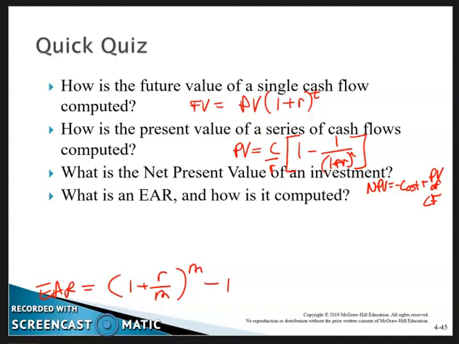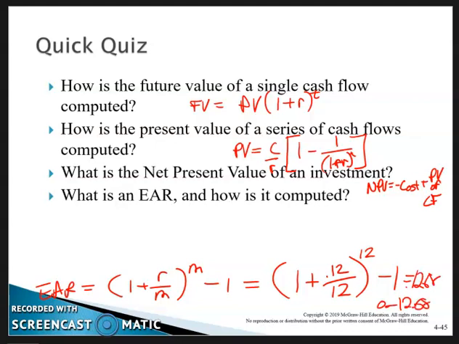We did 12%, compounded monthly. So that would be 1.01 to the 12th power minus 1. I believe that is 0.1268, or 12.68%.